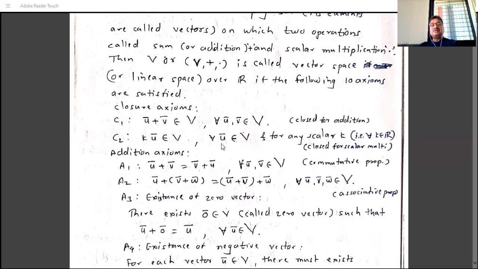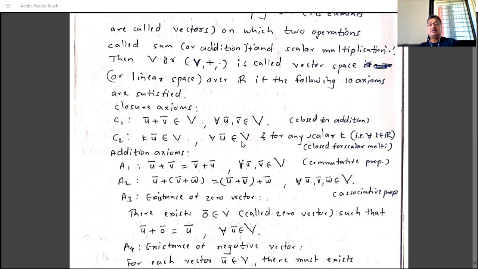To show this property fails, we give a counterexample. Take the set of natural numbers, V equal to capital N, which contains the elements 1, 2, 3 up to infinity. This property is dissatisfied for that set. Why?